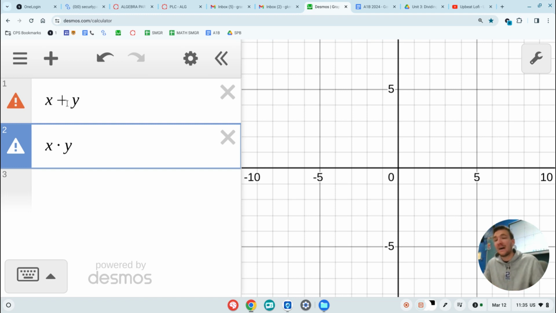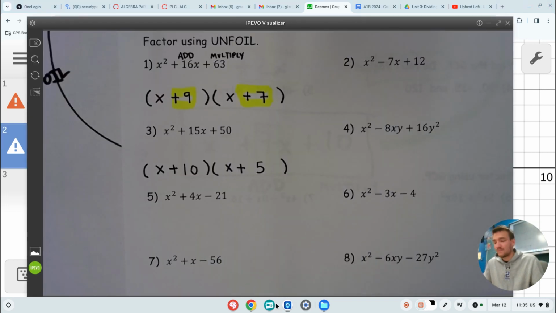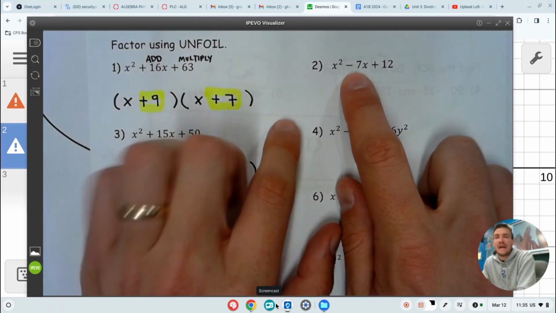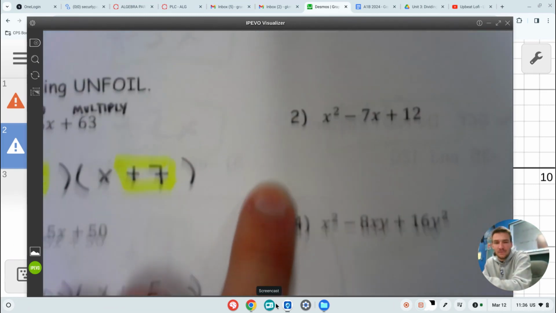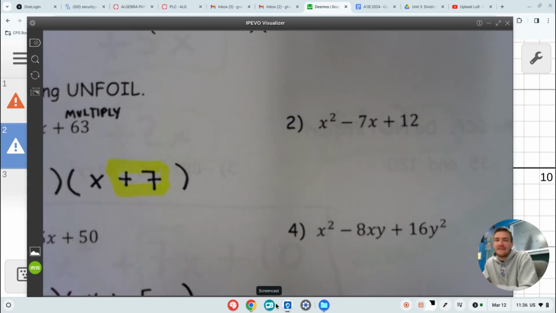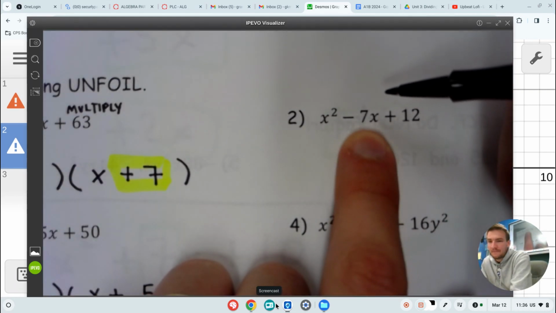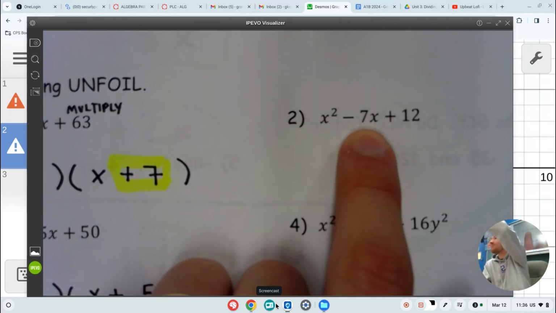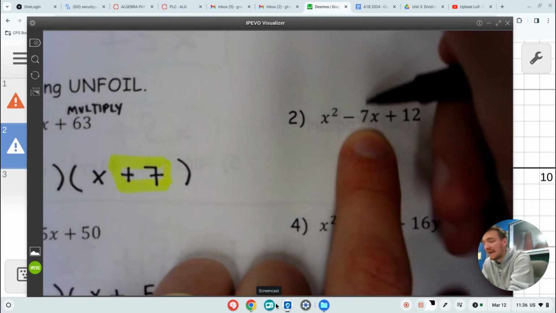Now, right now, Desmos doesn't have any idea, right? Because Desmos doesn't know, like for number 2, that we have negative 7 and 12. Out of these two numbers, negative 7, is that the add or is that the multiply? If you look on the sideboard, I even wrote it for you there. The middle one is the add every time.